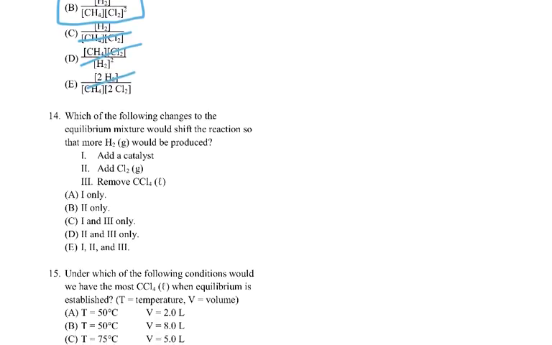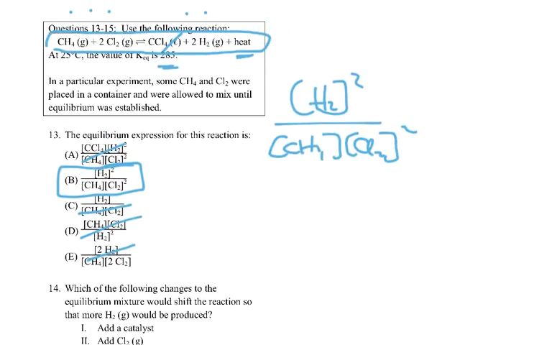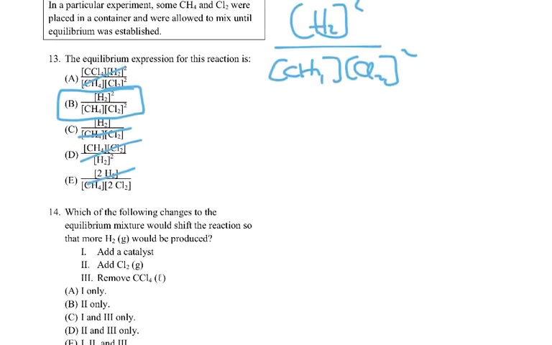Which of the following changes to the equilibrium would shift the equilibrium so more H2 would be produced? Okay, more H2 is produced. I always like to stop and say, do I want it to shift to the right or shift to the left? If I want to make more H2, that's shift to the right. So which of these will shift this to the right? Adding the catalyst, no, that does not shift it.